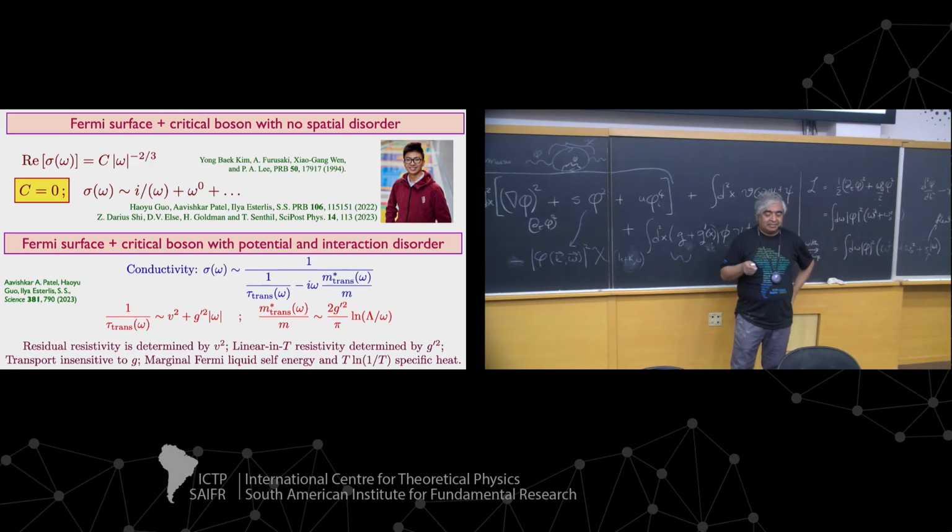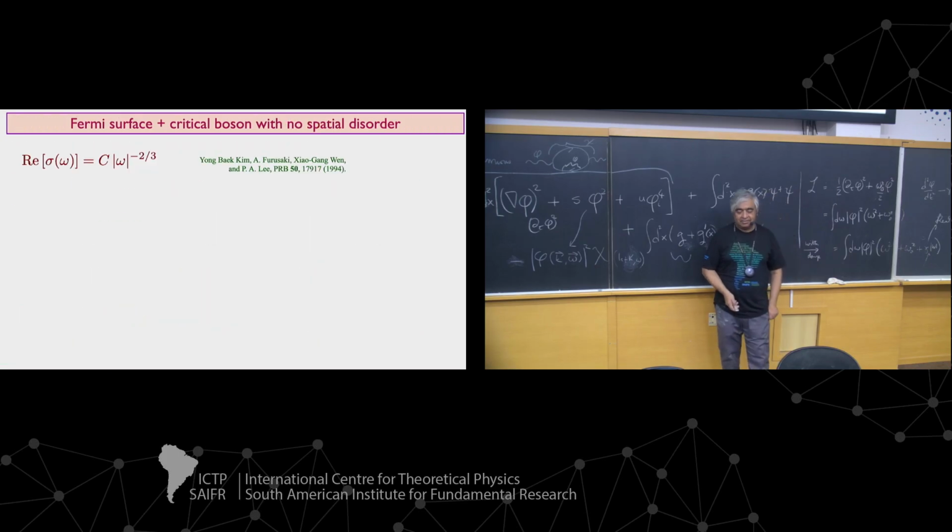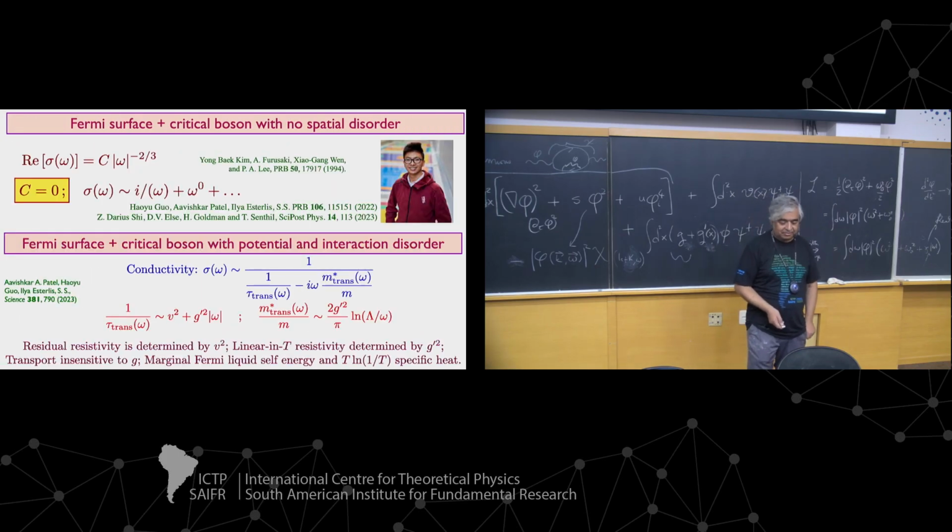This is the key thing here: if you look at the transport relaxation time that appears in the conductivity, not in the self-energy, you see there's no G. The self-energy had a term proportional to G squared and G prime, but only this term appears in the conductivity. G by itself cannot give you a linear T resistivity. So this is linear in omega, wonderful, and if you go to temperature, you get linear in temperature, and you get the whole Planckian thing.